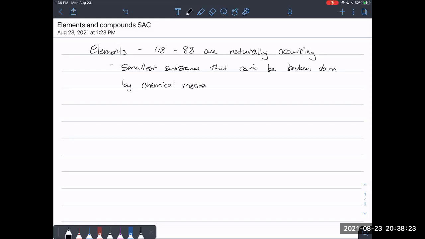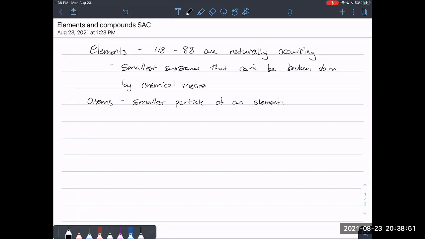Now, when it comes to elements, elements are composed of atoms. And atoms are the smallest particle of an element. They are not the smallest particle.